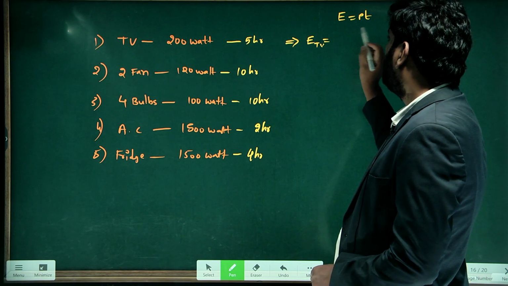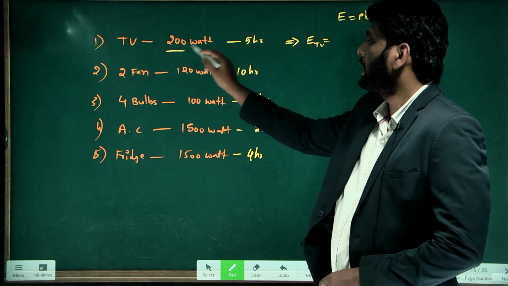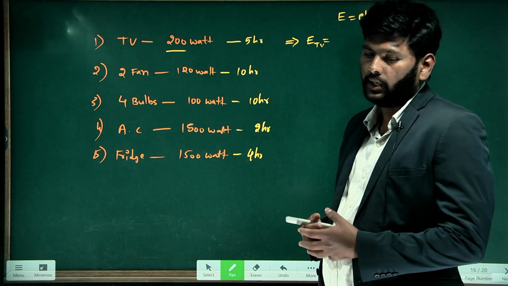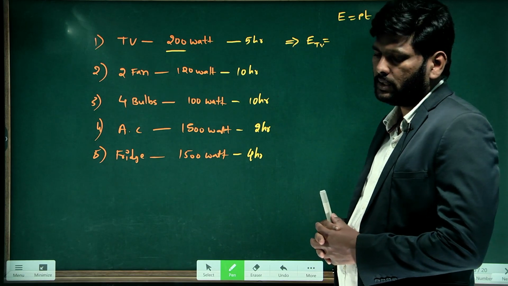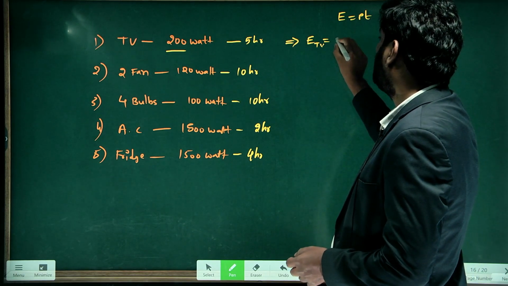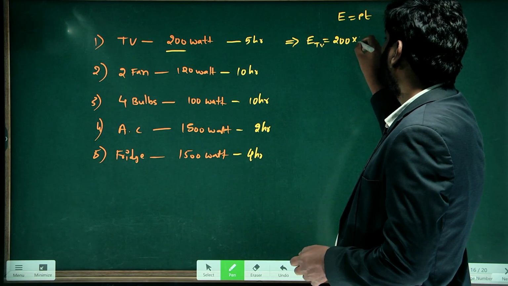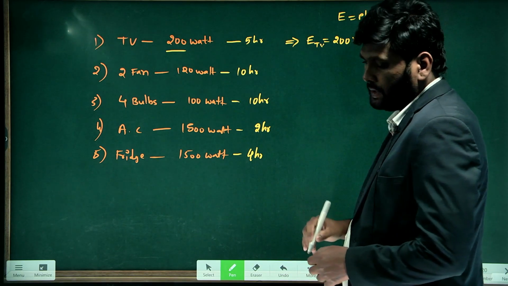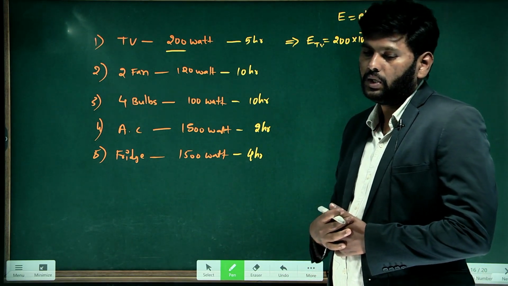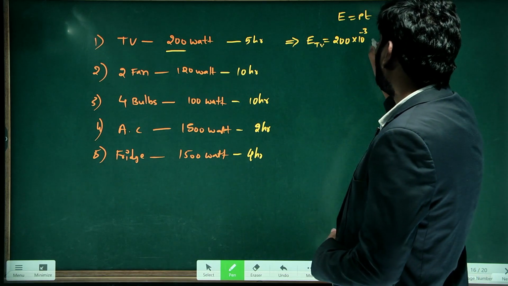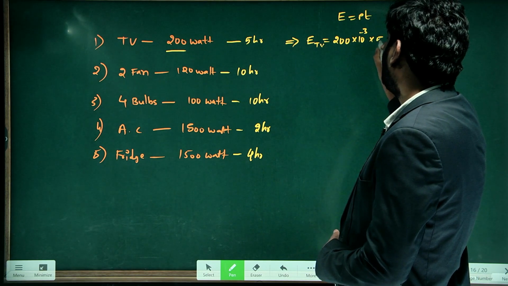Power value is 200, but that must be in kilowatt, so just multiply with 10 power minus 3. If you multiply with 10 power minus 3, it is converted into kilo. And time must be in hours, that is 5 hours.